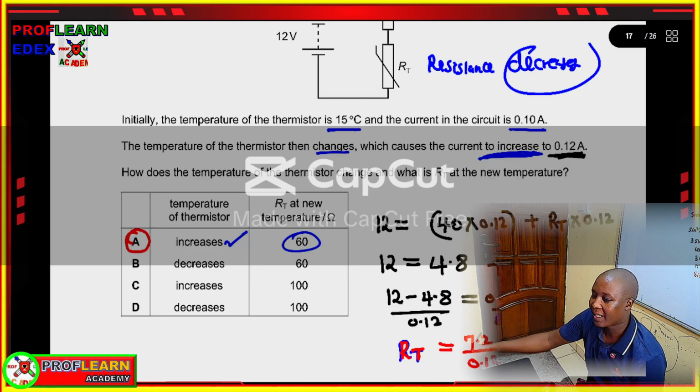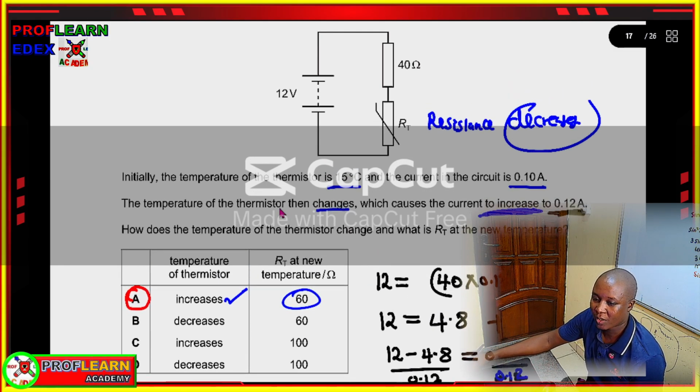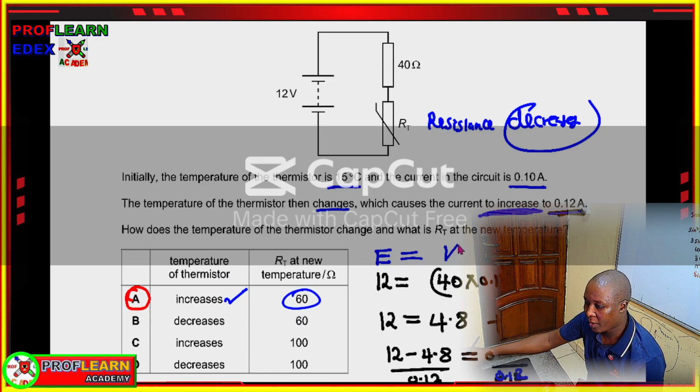Yeah, not 100. So we need to appreciate, we are told that the current that flows is 0.12. So which means EMF is equal to terminal voltage plus Ir, the voltage drop due to the internal resistance.